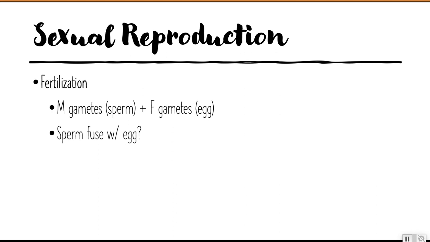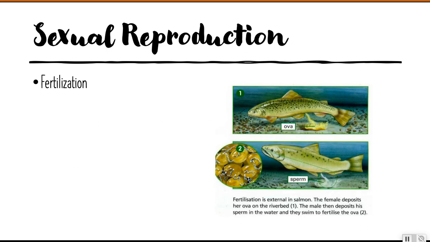If the sperm fuses with an egg, it fertilizes and it becomes an ovum, which we call a zygote. So the sperm fuses with the egg, fertilization occurs. We have an organism that has now been created called a zygote. That zygote is going to continue to develop and form an individual.